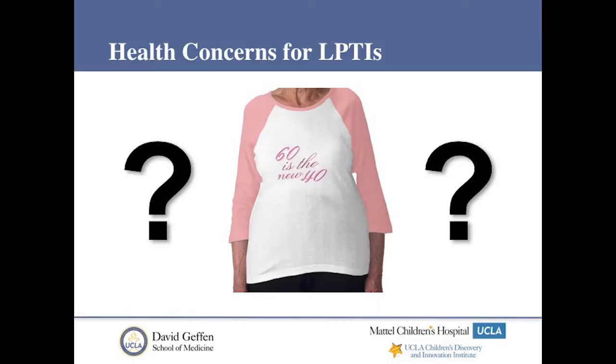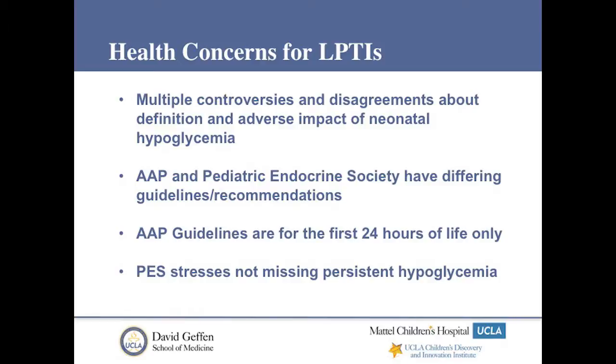So this is my first plug for we should have a talk about neonatal hypoglycemia. That being said, in the time that we have today, there are multiple controversies and absolute disagreements about the definition of neonatal hypoglycemia and whether or not it has an adverse impact on neurodevelopmental outcomes.